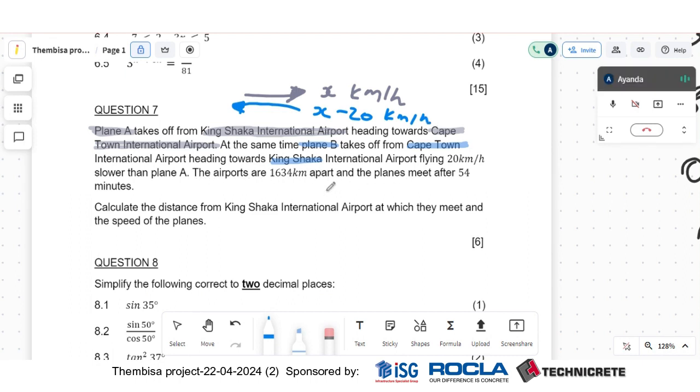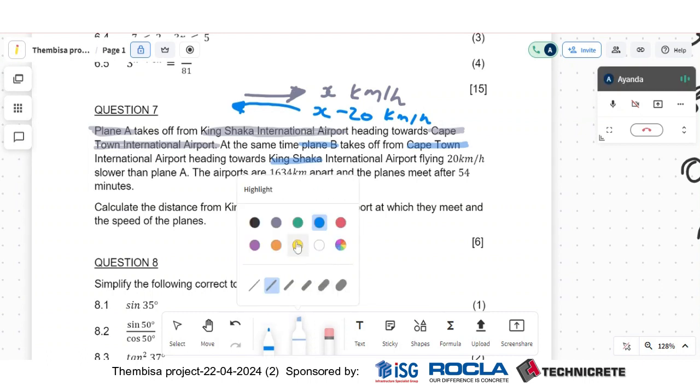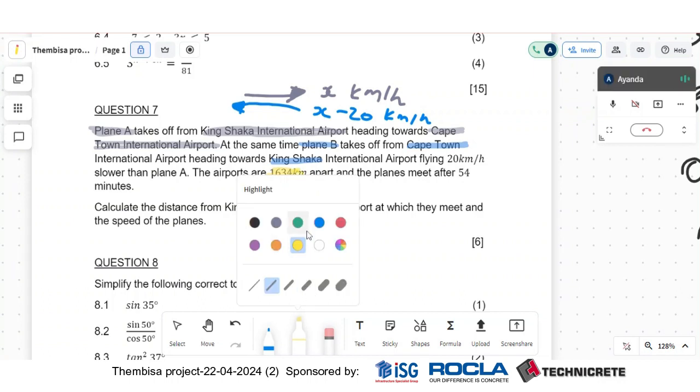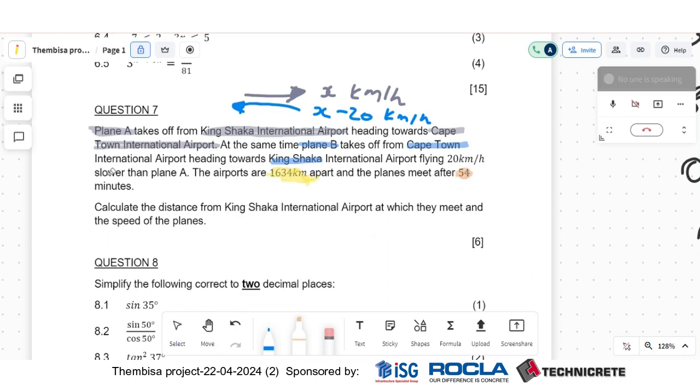The airports are 1,634 kilometers apart, so we have a distance here. And the planes meet after 54 minutes, so that means they pass the same point after 54 minutes. Now we're asked to calculate the distance from King Shaka International Airport at which they meet, and the speed of each plane.